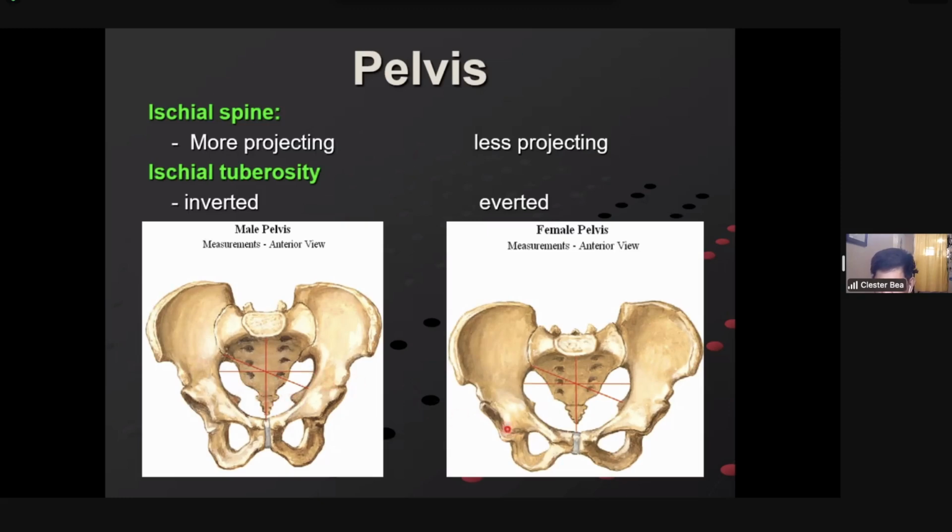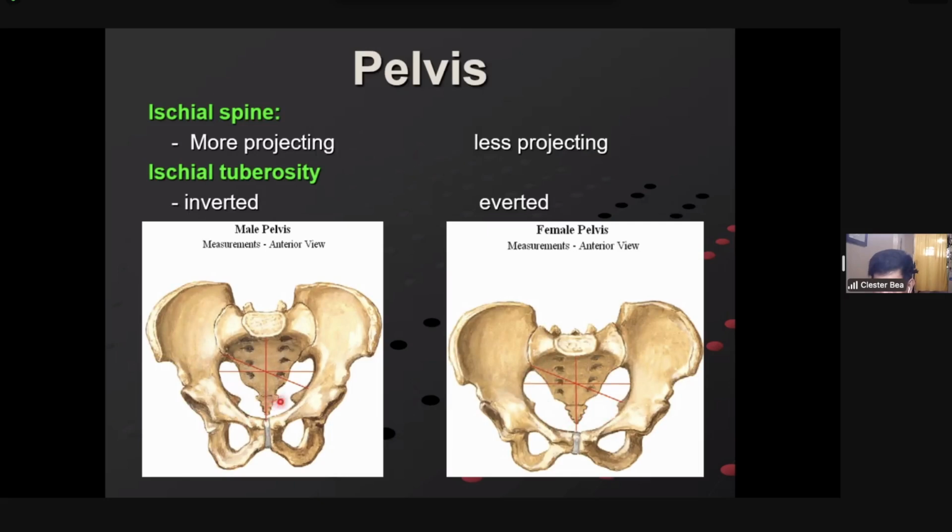Now, in the female, that is quite advantageous because the space at about the level of the ischial spine is about the mid-pelvic plane. Remember that during childbirth, the head of the baby passes through the pelvic cavity, and this space here is one of the areas that the head of the baby will pass through.